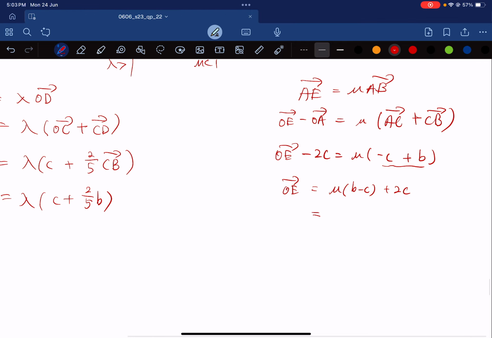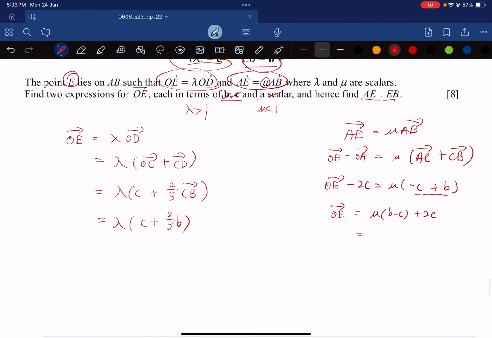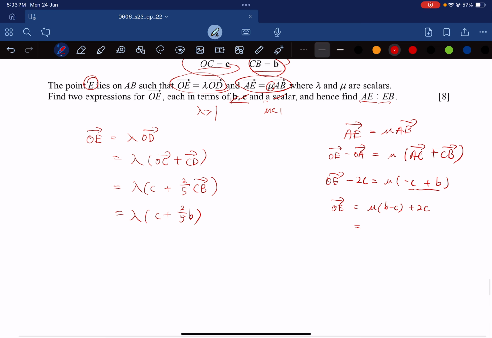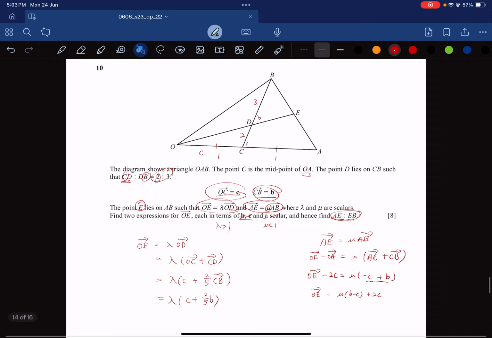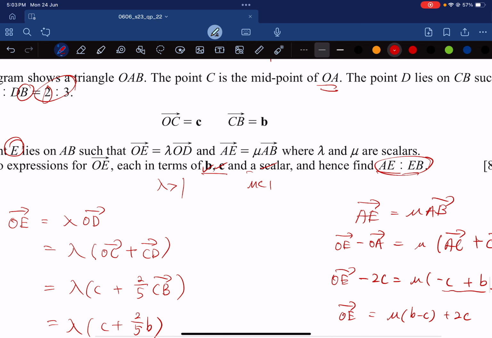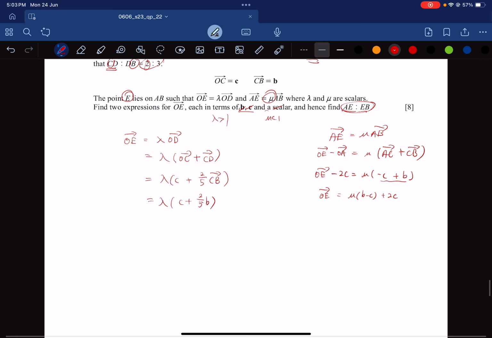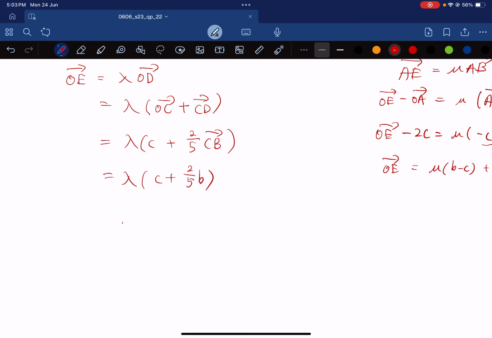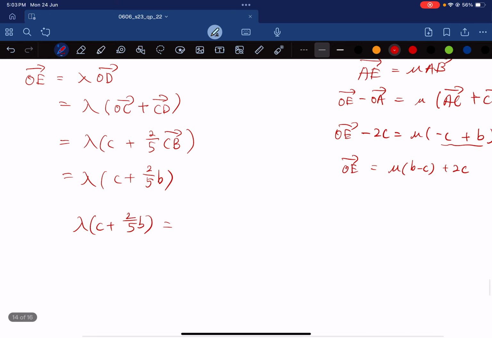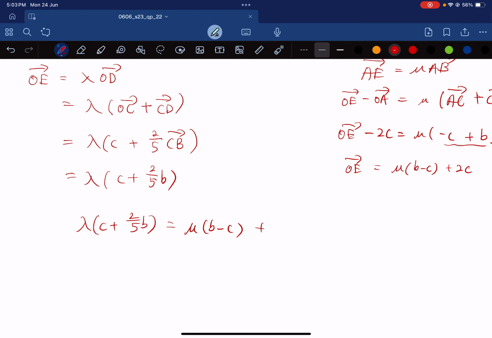Okay, so we can rearrange. So let's see, we have done the first part, now AE to EB. We need to find the mu here, then we can solve for EB. So lambda c plus 2 over 5 b equals mu times b minus c plus 2c.